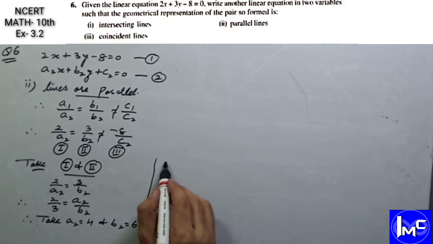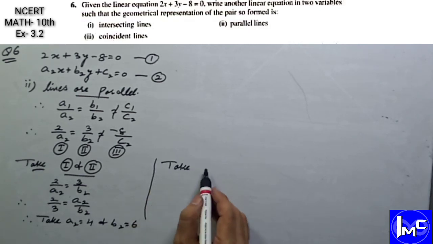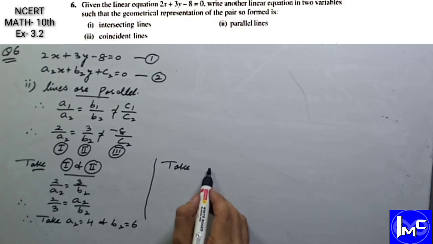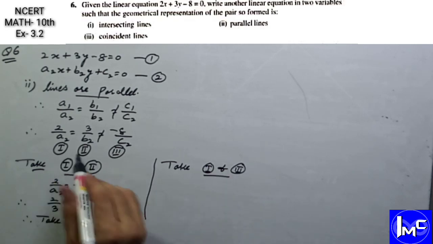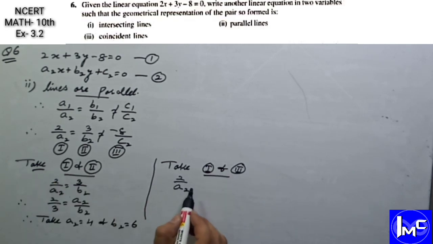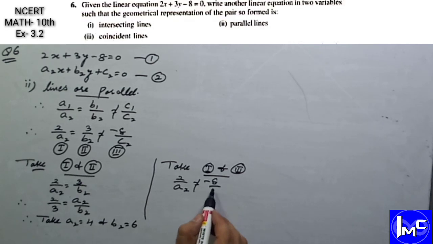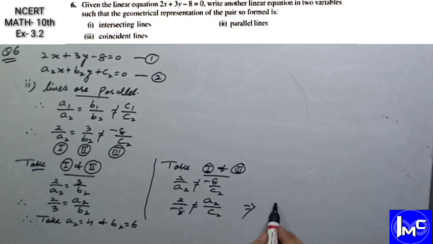On the other side, taking 1 and 3, it will be 2 over a2 is not equal to -8 over c2, and by alternendo it will be a2 over c2 not equal to 2 over -8. That implies a2 over c2 is not equal to -1 by 4.